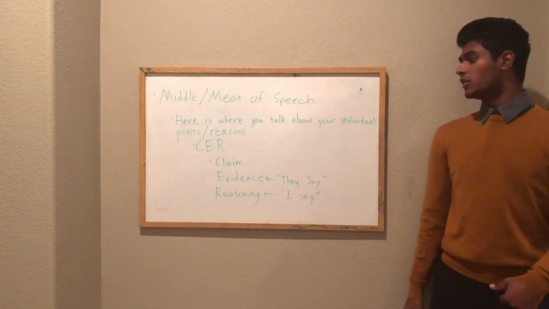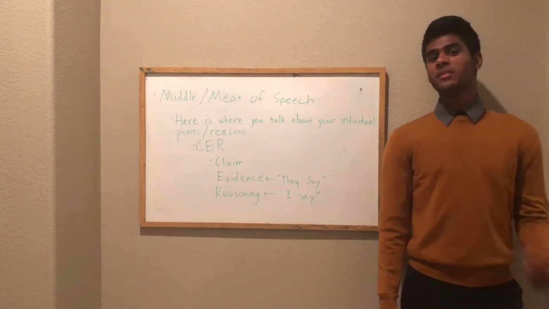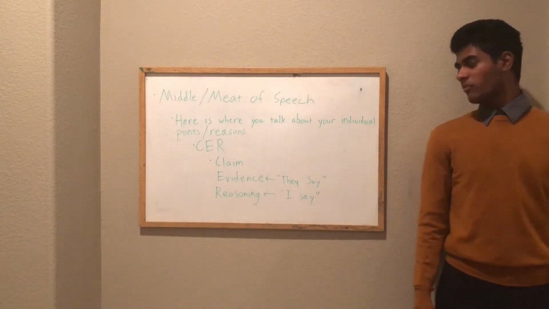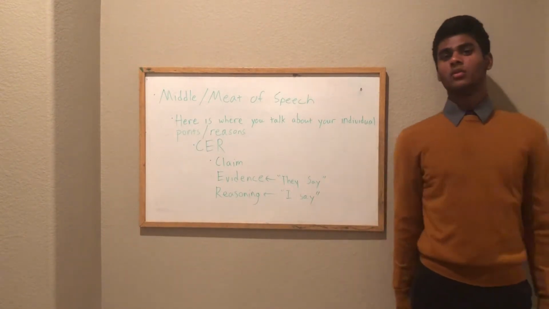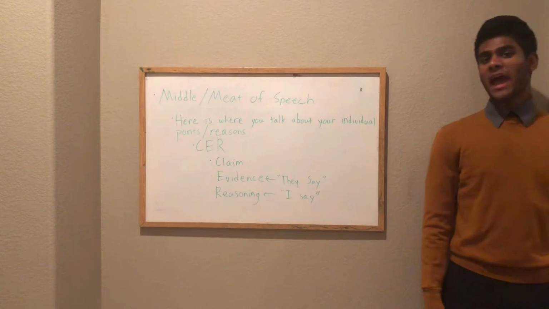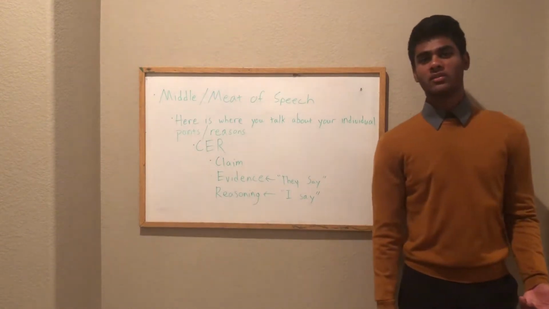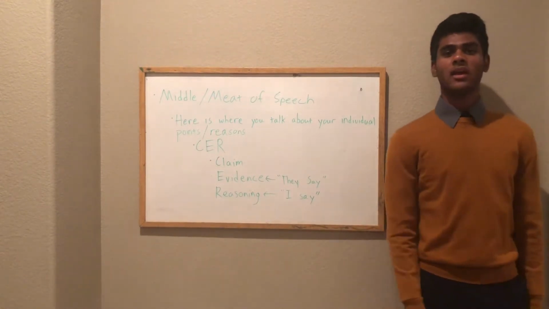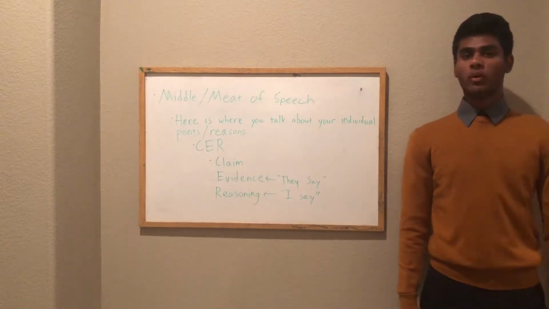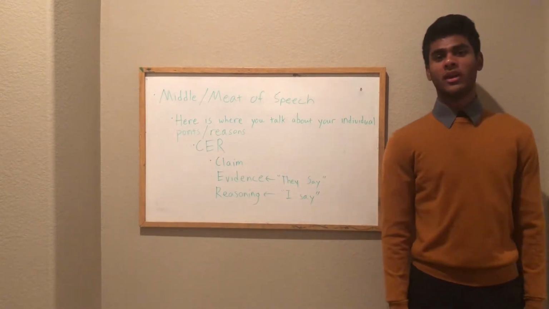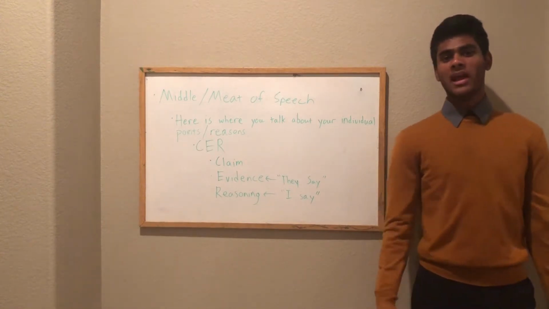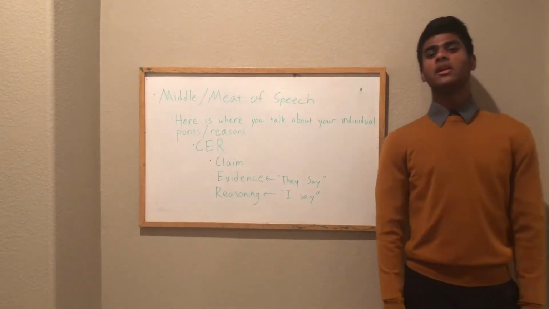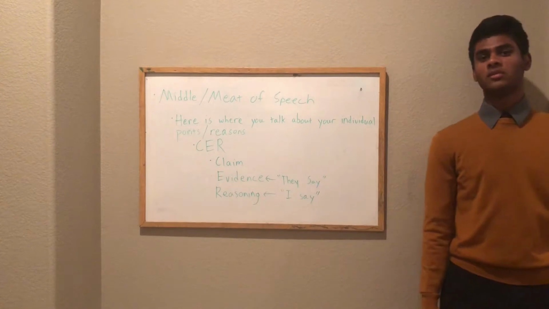The next thing you're going to do is have some evidence. I've put a little arrow here and put "they say" in quotes. That's because the evidence doesn't come from you, of course. This is your ethos. If you go back to Module 1.4a, you'll see that I talked about rhetoric. So this is your ethos: you're establishing credibility by referencing outside sources.